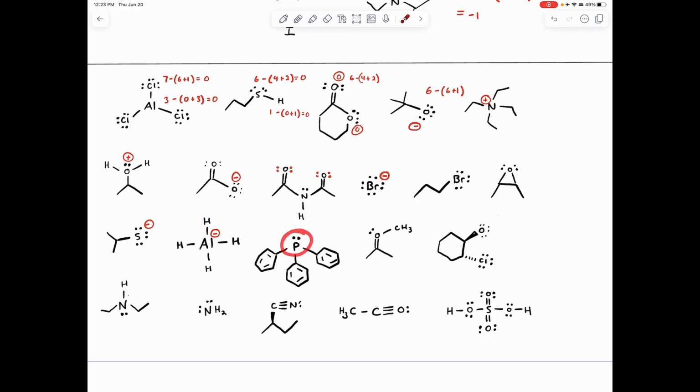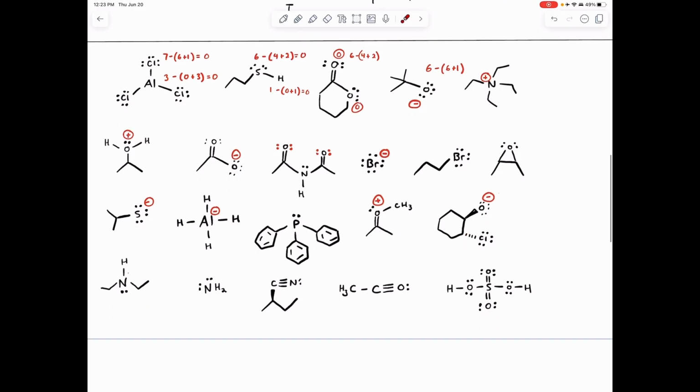Phosphorus right here has a 0 formal charge. It acts the same as nitrogen. Oxygen right here has 2 dots, 3 lines, valence of 6. So 6 minus 5 gives us a +1. Oxygen here, -1. Chlorine on this structure has 0 formal charge. Nitrogen here has 0.